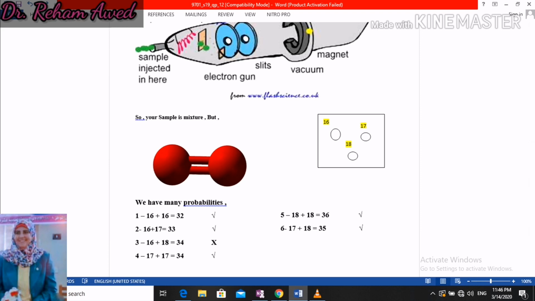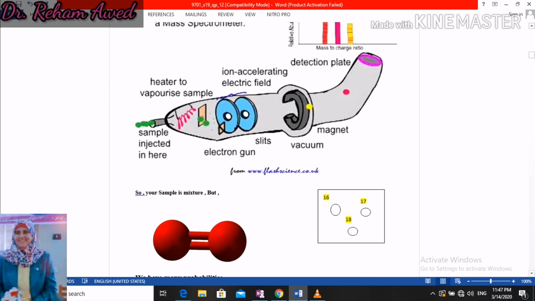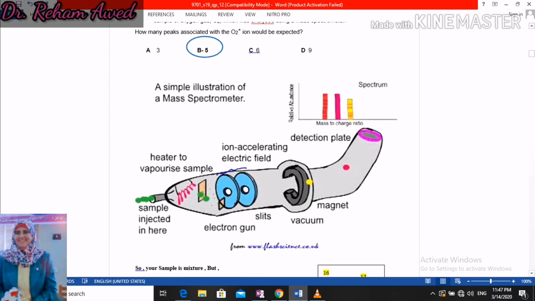So of course we have different masses of the diatomic molecule. The masses which are different, we can detect on the mass spectrum peaks. Different masses are 32, 33, 34, 36, and 35. So we have 1, 2, 3, 4, 5, five different peaks on the mass spectrum.